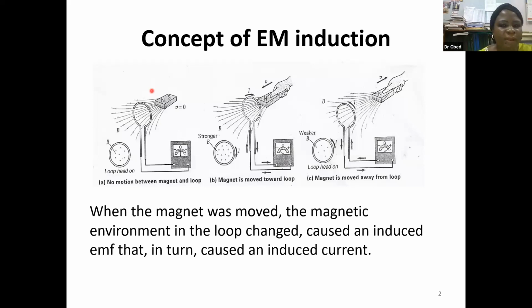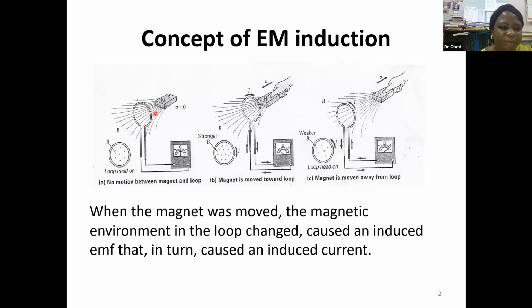So as I was saying, experimentally, when a magnet is held stationary near a conducting wire loop, it does not induce any EMF in that loop, and so it does not produce any current. So what do you understand by the term EMF? EMF stands for electromotive force, and it is a voltage or electric potential difference which is capable of creating an electric current.